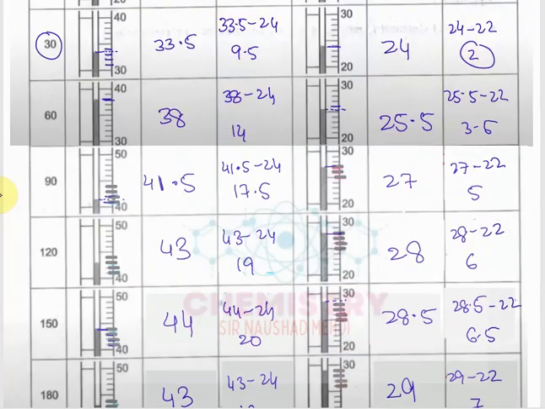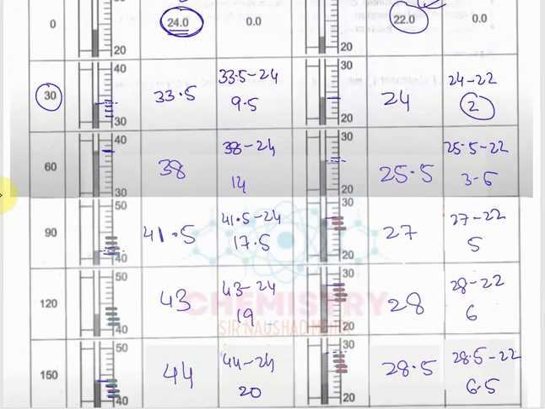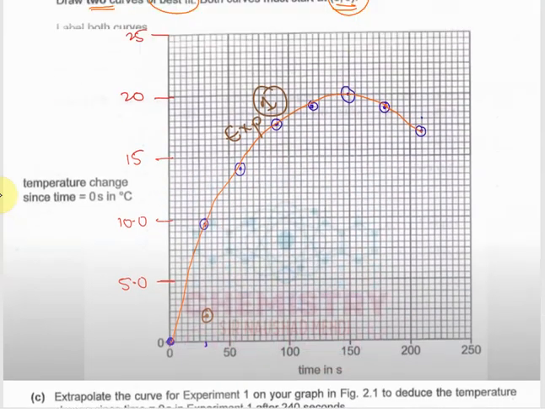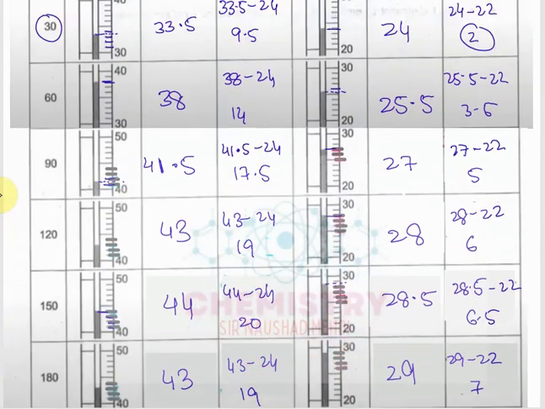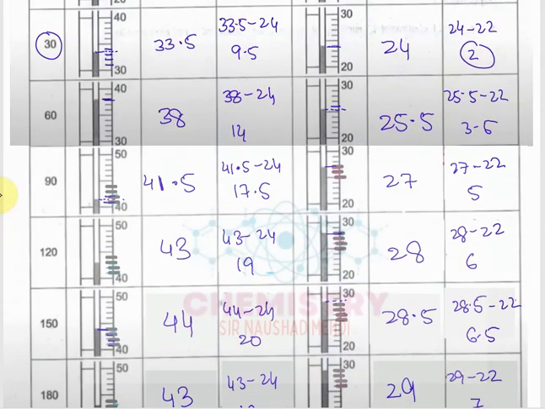Okay, and then we have 3.5. So here we have 3.5. Then we have 5.